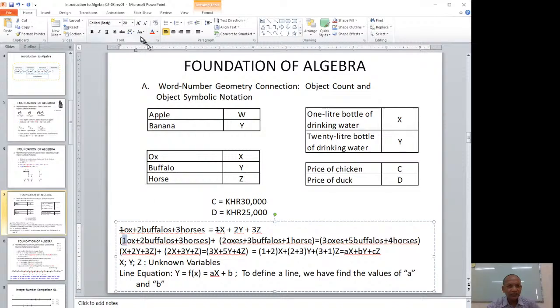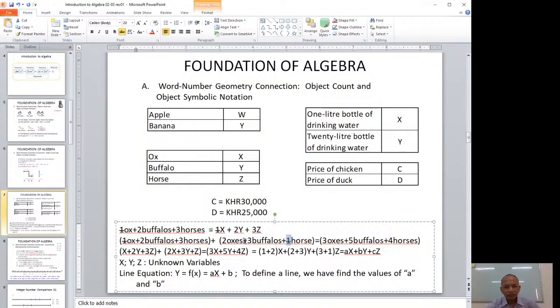Similarly, we don't write 1 ox. Down here we have 1 ox plus 2 buffaloes plus 3 horses, plus 2 oxen, 3 buffaloes, 1 horse. Again here we don't write it.